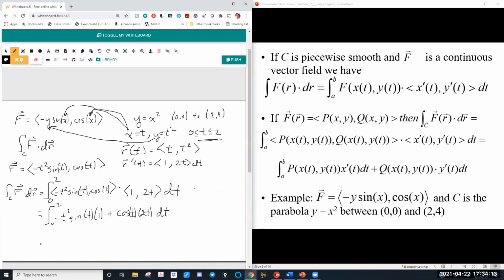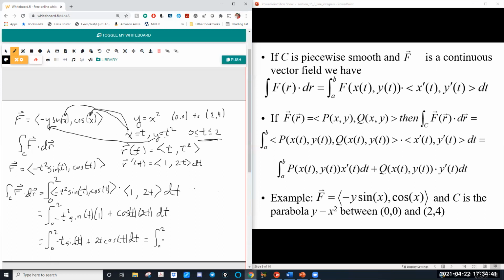Now, let's talk a little bit about going from here on out. So negative t squared sine of t plus 2t cosine of t dt. What we would do here to solve this by hand is we would split this into two integrals.